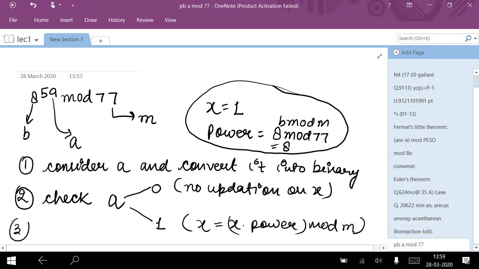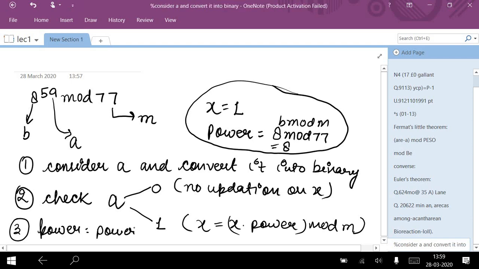And the third step is to calculate the value of power: the power is power squared mod m. You have to follow only these three steps. The first one is to identify the values of b, a and m.